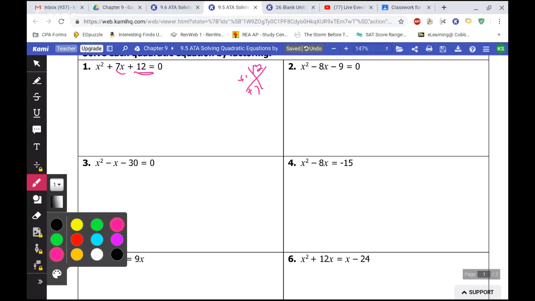So that's going to be positive 4 and positive 3. So (x + 4)(x + 3) = 0. x + 4 = 0. So you take each little factor.